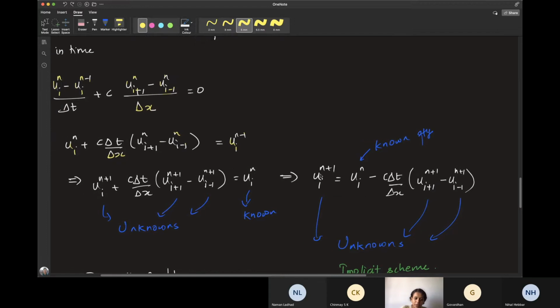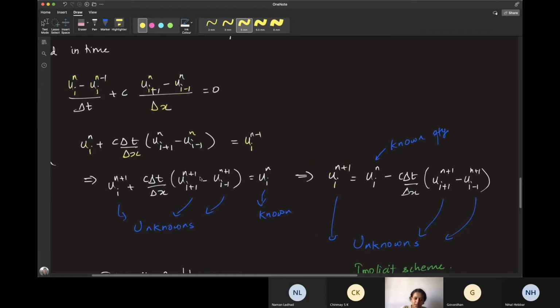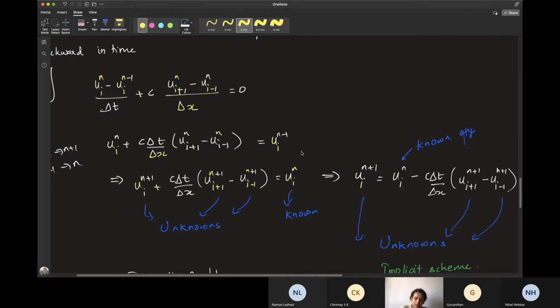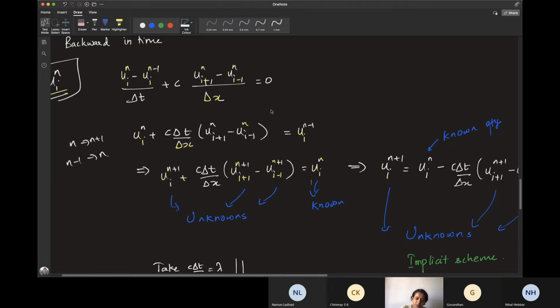Now if you write u_i, you have 3 unknowns and 1 known quantity. When you are given a problem, you will only know the values at the initial condition.